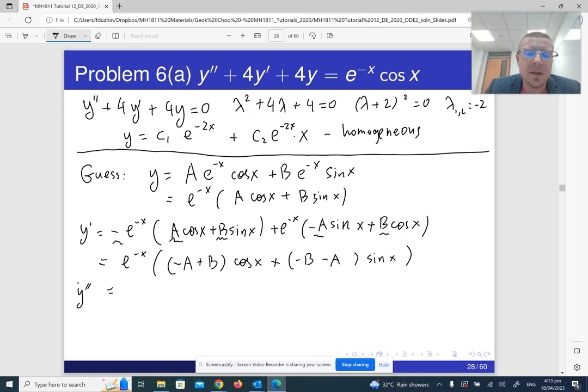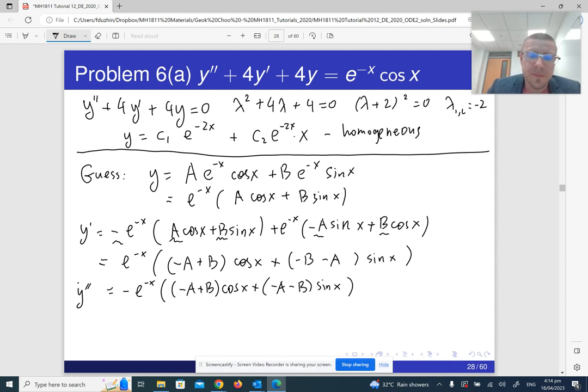To find the second derivative, we differentiate the first derivative, and again we do it by the product rule. First we differentiate e to the minus x: minus e to the minus x times the second multiplier, which we will just copy, so minus a plus b cos x plus minus a minus b sine x.